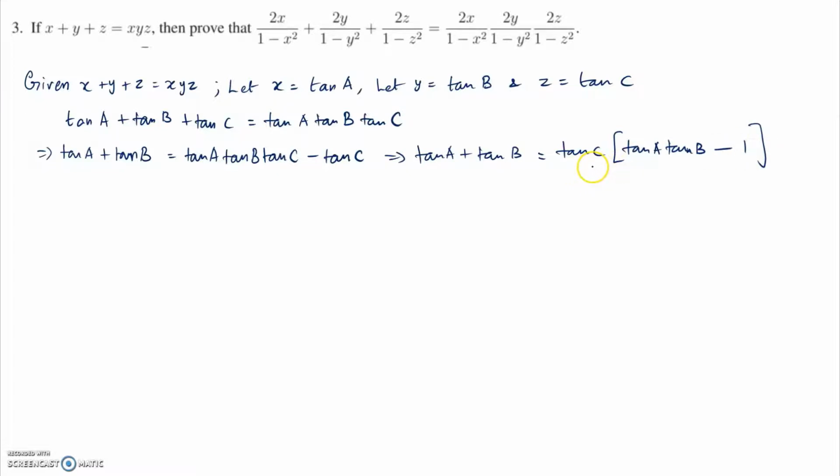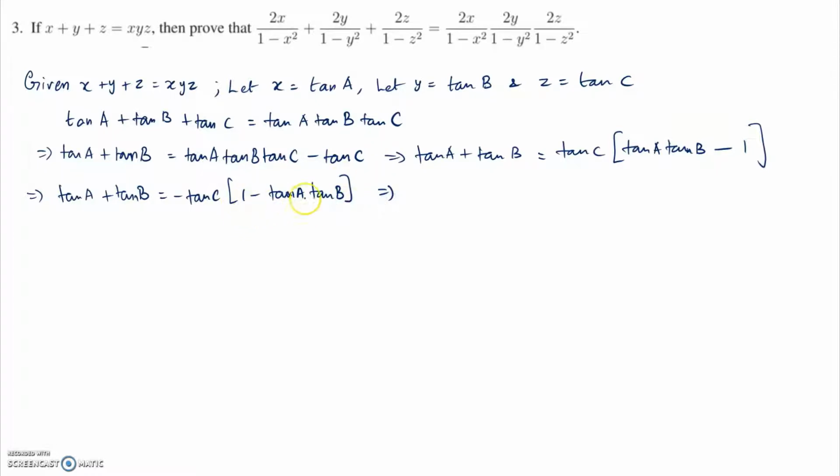Now we can rewrite this expression as 1 minus tan a tan b and put a minus outside here. So you can say tan a plus tan b is equal to minus tan c, and within bracket 1 minus tan a tan b, right.